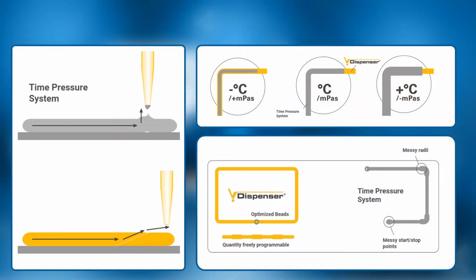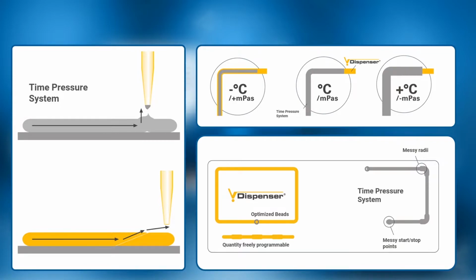What I will show you on the next slide are the advantages compared to other dispensing systems. Our system is a volumetric system, and the standard systems are time-pressure systems. That means you put some pressure on the cartridge, the material flows out, normally you have a valve at the end, and it's necessary to have the same speed, the same pressure on the cartridge, and the same temperature, because with a higher temperature you have a different viscosity and not the same dimension of the bead at the end.